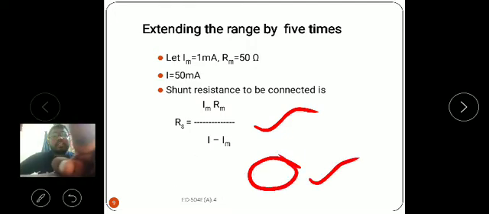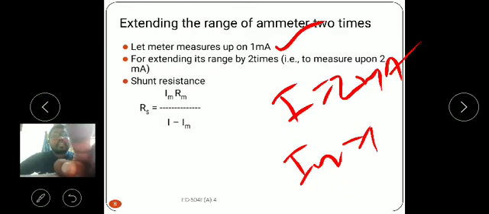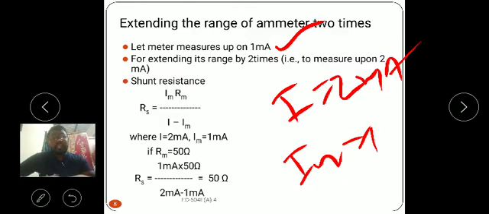Now in the first example, the total current is 2 milliamps, but the meter current is 1 milliamp and RM is 50 ohms. Then we find the shunt resistor RS is equal to 50 ohms.